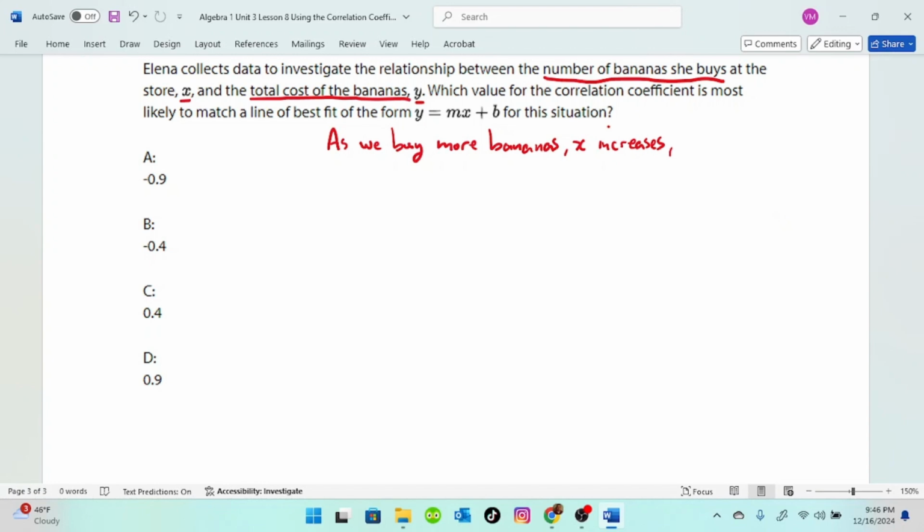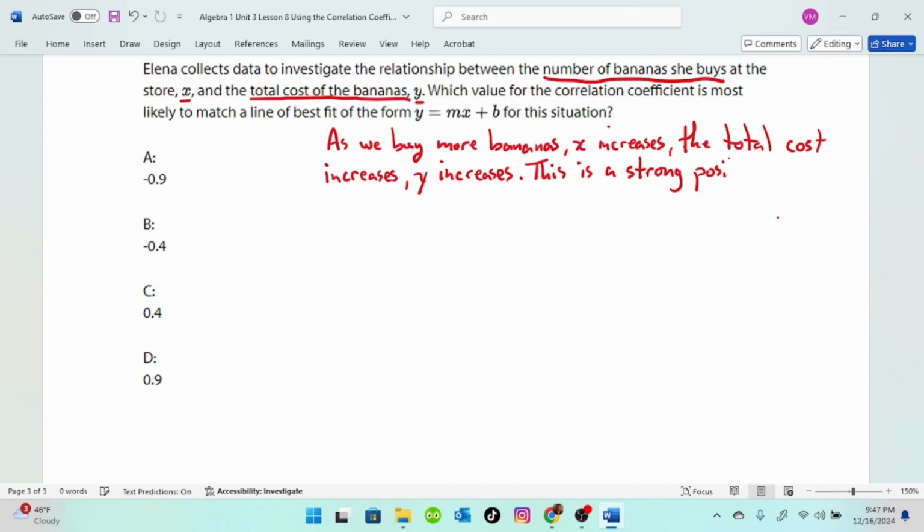And as we buy more bananas, the total cost increases, which means Y increases. This is a strong positive correlation.